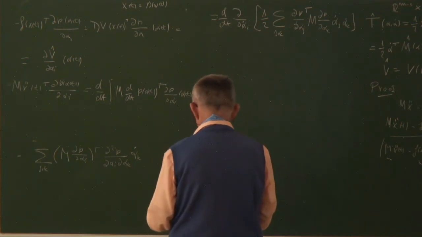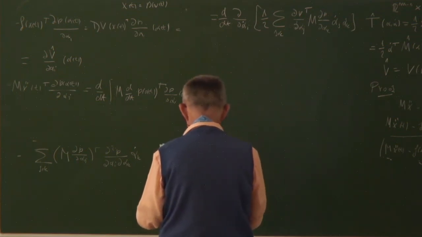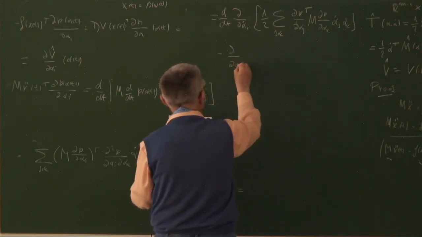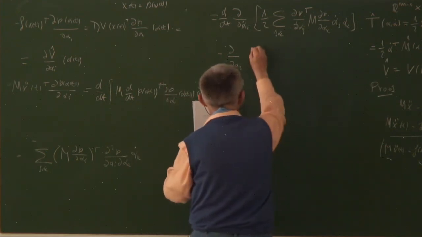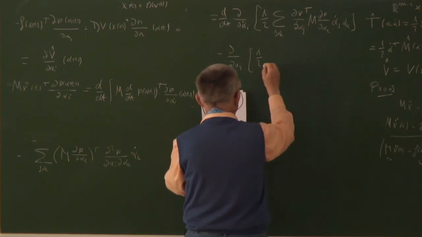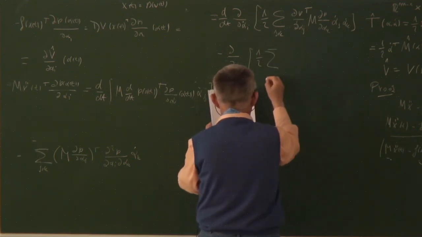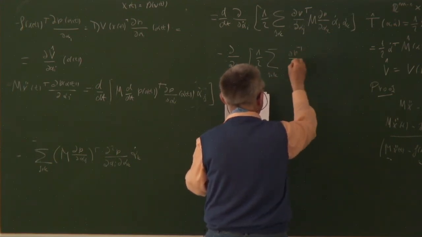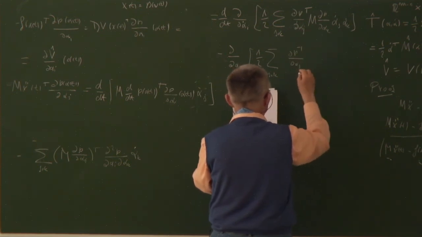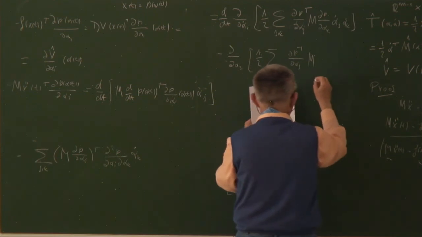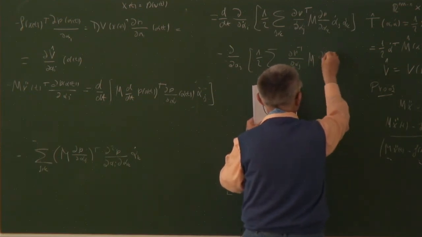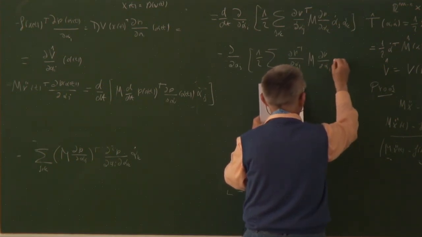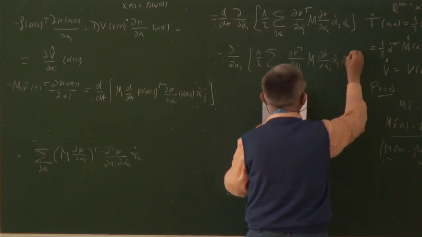And the second one can be recognized in the same way as minus d over d alpha j of 1/2 sum over jk dp over d alpha j m dp over d alpha k, alpha j alpha k in the same way.